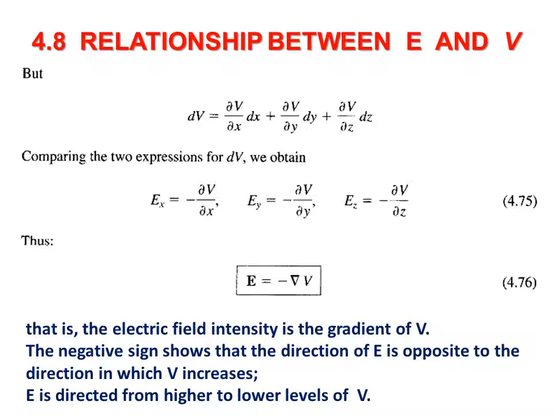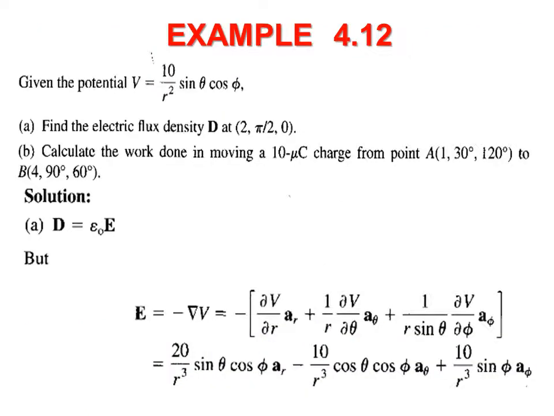And thus this equation becomes E is equal to minus del V, because if we remember, del was partial over partial x ax plus partial over partial y ay plus partial over partial z az. That is, the electric field intensity is the negative gradient of V. The negative sign shows that the direction of E is opposite to the direction in which V increases, and E is directed from a higher to a lower level of V. So this actually simplifies and justifies the Maxwell's equation.